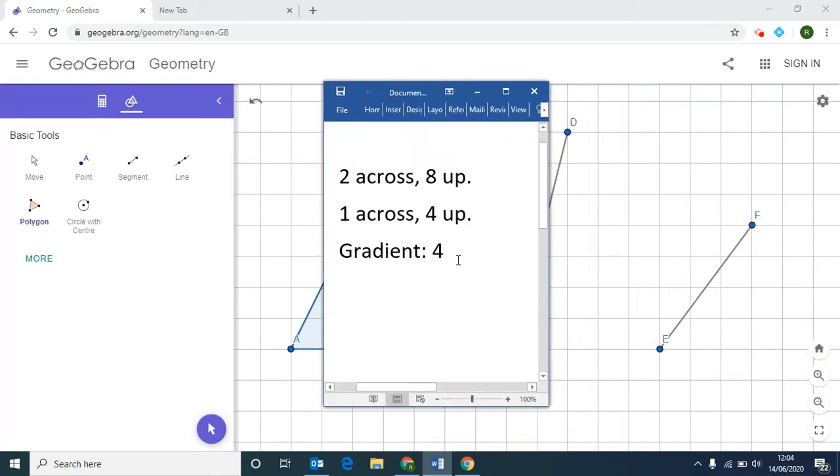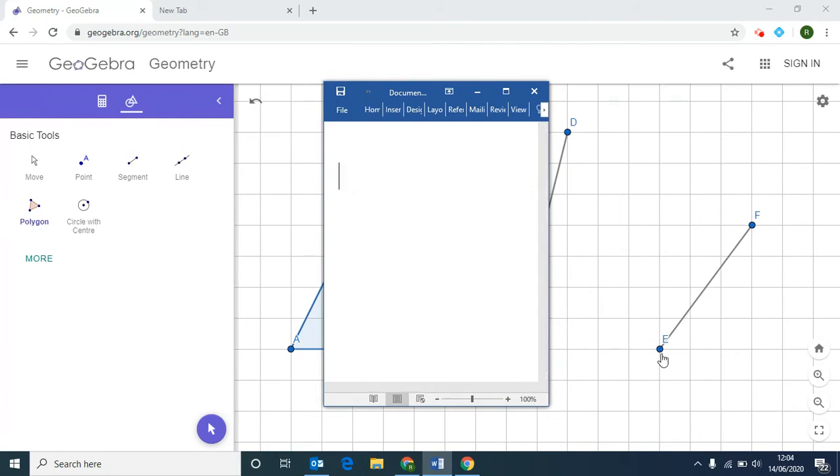Last one, this one's a little bit more tricky. I have to go 1, 2, 3 across, 1, 2, 3, 4 up. I need to divide by 3 to make it 1 across. Now doing 4 divided by 3, I'm just going to write as a fraction, 4 over 3, or 4/3.